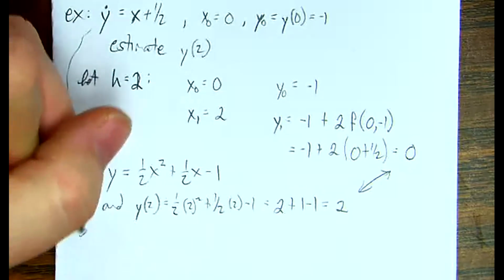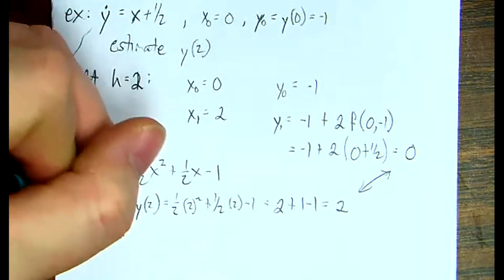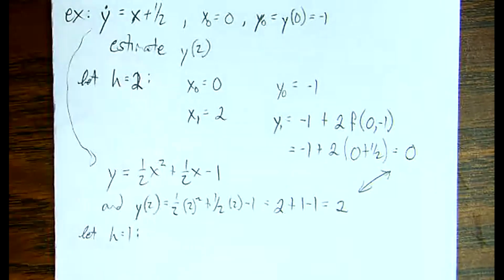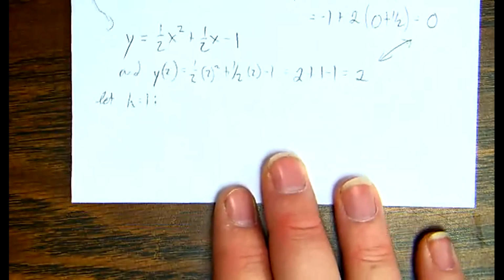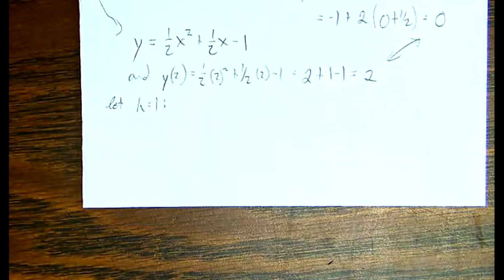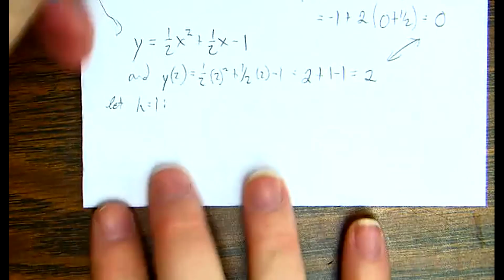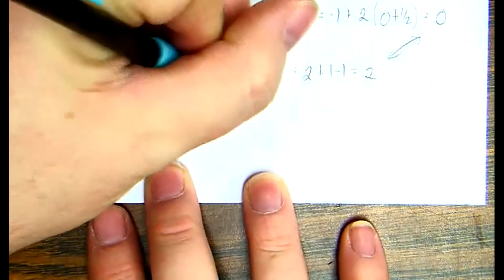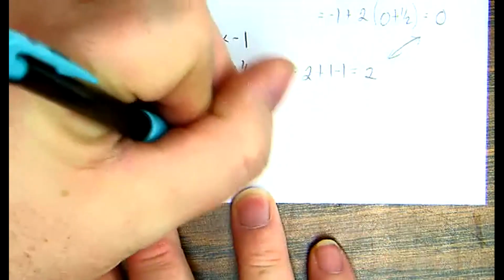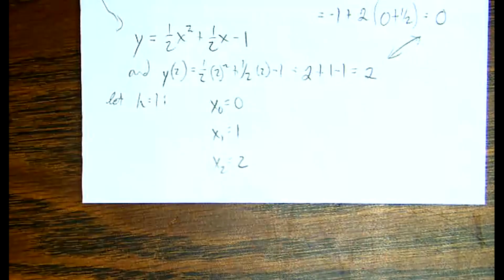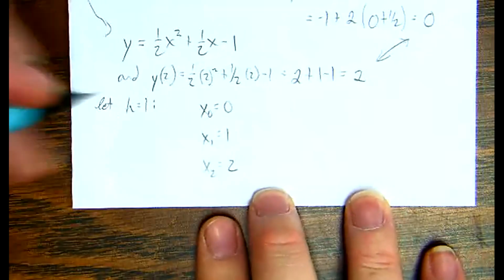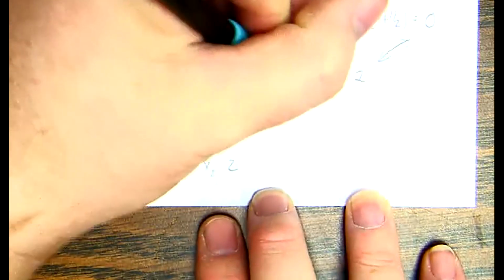So let's try a smaller step size, since that's the only thing we're allowed to change in this formula, which is just how many steps am I taking? Let's try a smaller step size. If I let h be equal to 1, then x0 is 0, x1 is 1, x2 is 2. y0 is still -1.